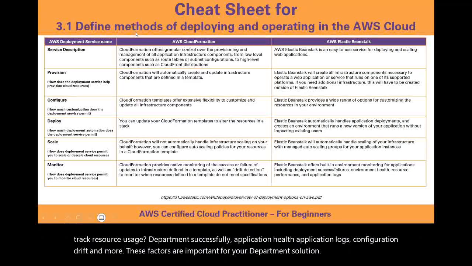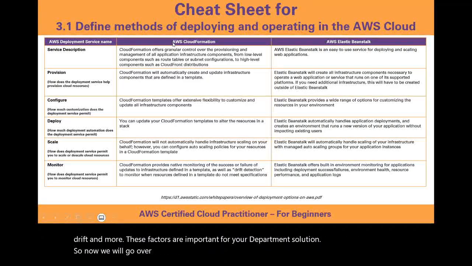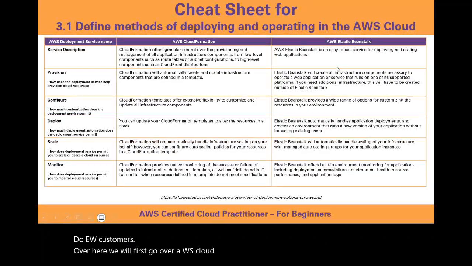So now we will go over the various deployment services that are available to AWS customers. Over here, we will first go over AWS CloudFormation and AWS Elastic Beanstalk based on the deployment service criteria.